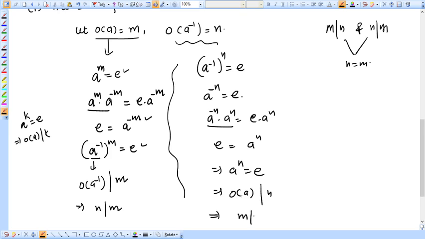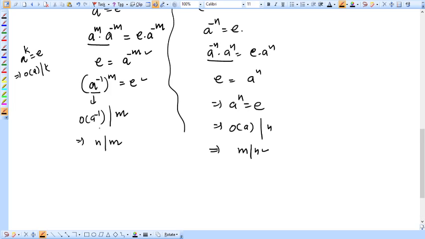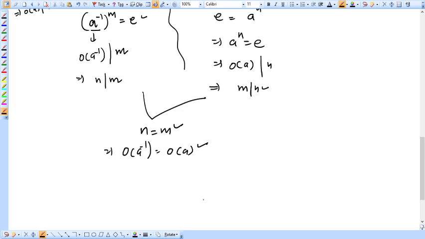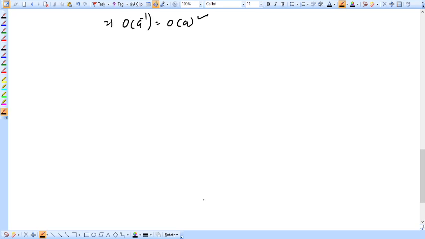It is M. So therefore M divides N. These two yield that N must be equal to M. This implies order of A inverse is equal to order of A. So this is the first part of the fourth theorem.